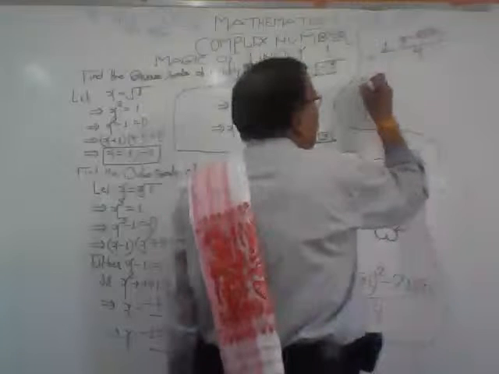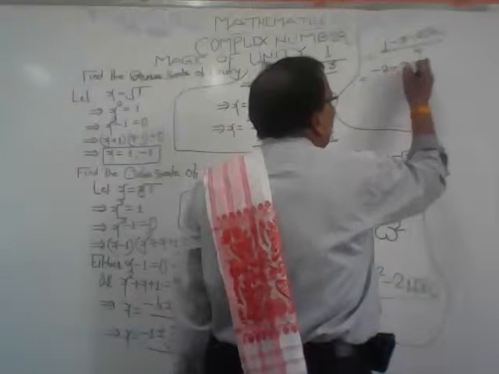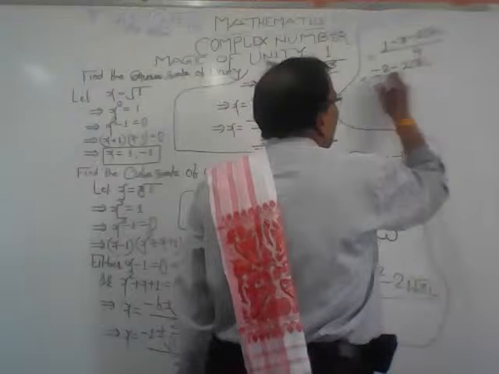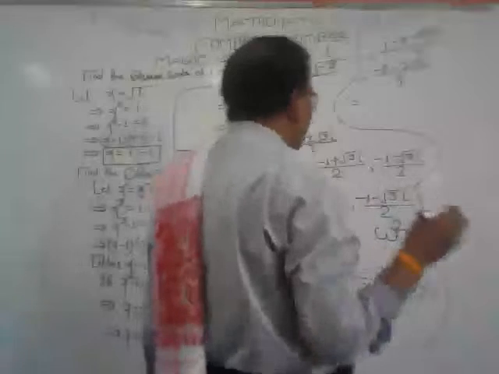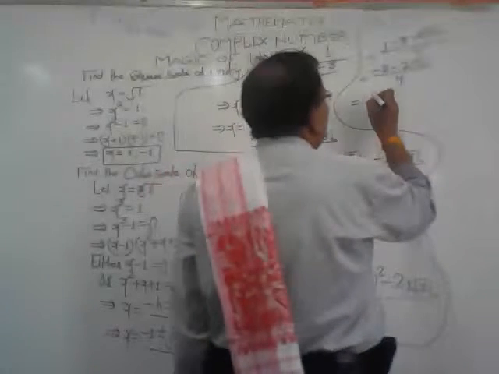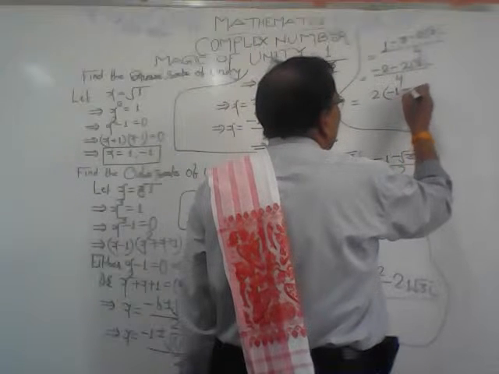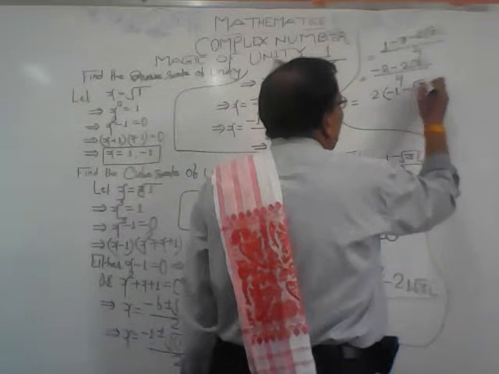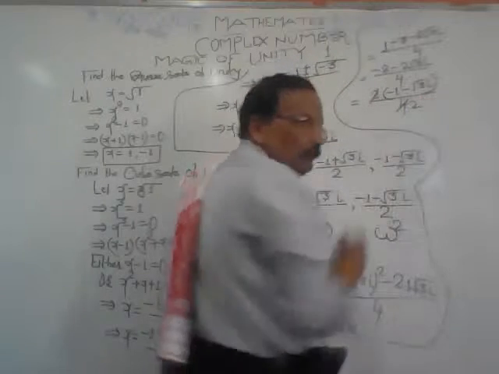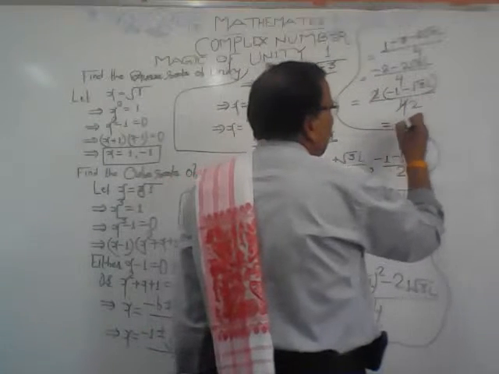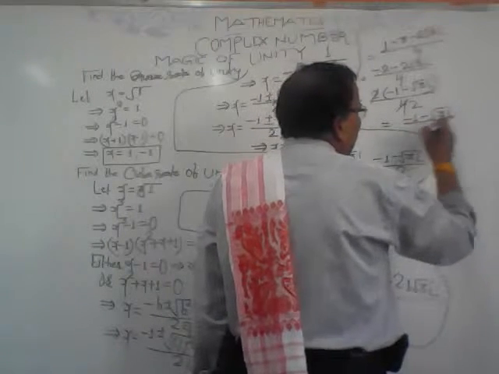This is equal to minus 2 minus 2 root 3 i upon 4. If we take minus 2 common, we get minus 2 into 1 plus root 3 i upon 4, and 2 cancels with 4. This is equal to minus 1 minus root 3 i upon 2.